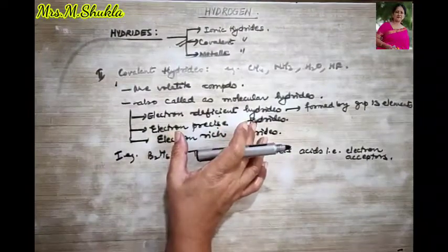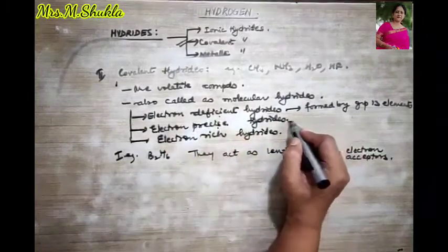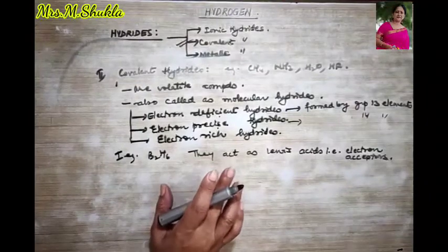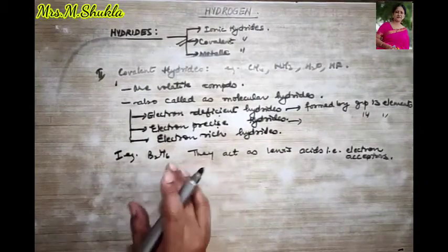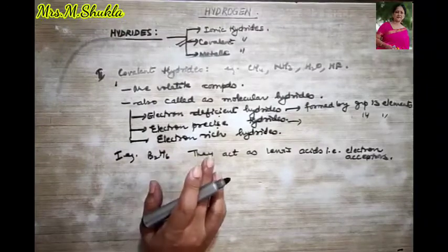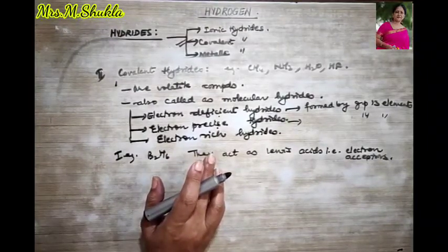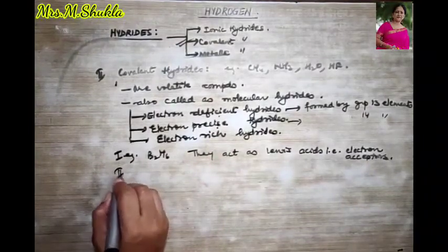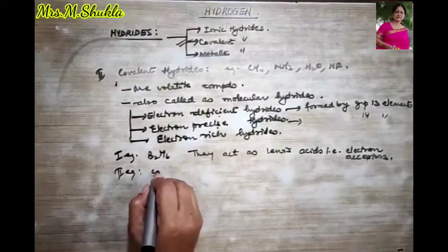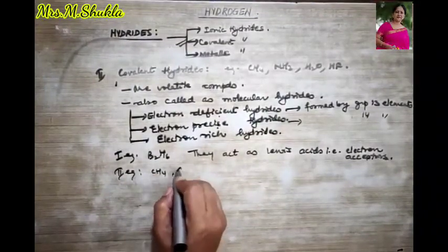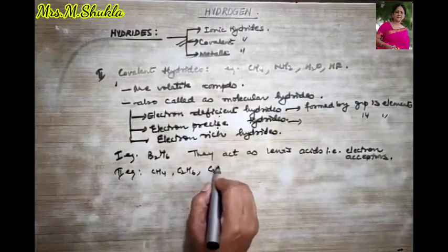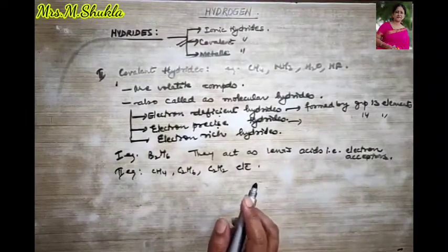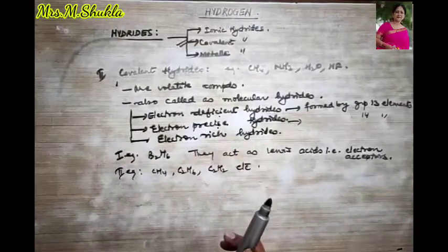All the elements of group 14 readily combine with hydrogen to form such compounds, for example methane or ethane or ethene and so on. Clear? So this was about your electron precise hydrides.